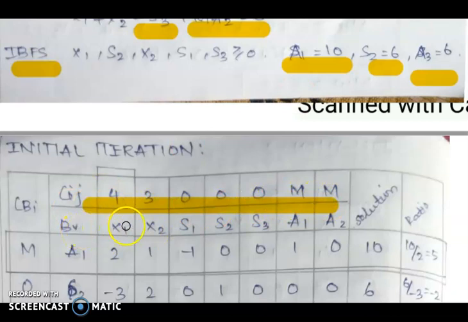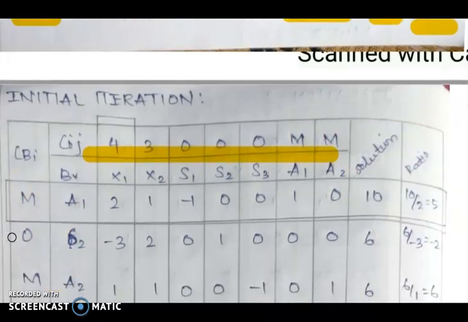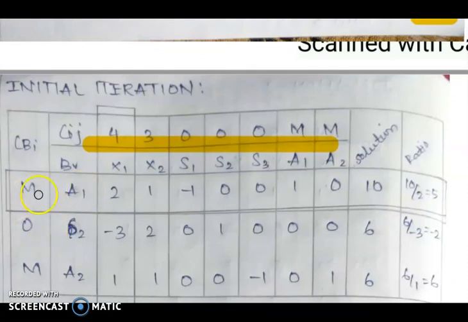The objective function coefficients are x1 coefficient 4, x2 coefficient 3, s1 coefficient 0, s2 coefficient 0, s3 coefficient 0, a1 the Big M artificial value M, and a2 value M. In that way we form the simplex table. Here we write the initial basic feasible solution values.